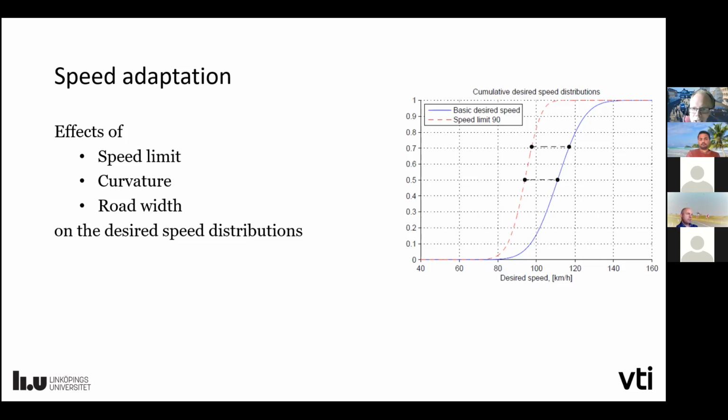So for some of these things, the fast drivers are affected more. In a curvature, maybe there's a safe speed to go through, and independent of how fast you would like to drive, all the drivers need to get down to that. So the effect on the desired speed through the curvature might be larger for those with a high desired speed compared to those with a low one.